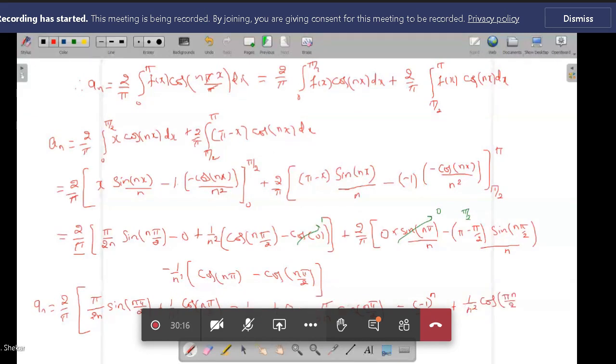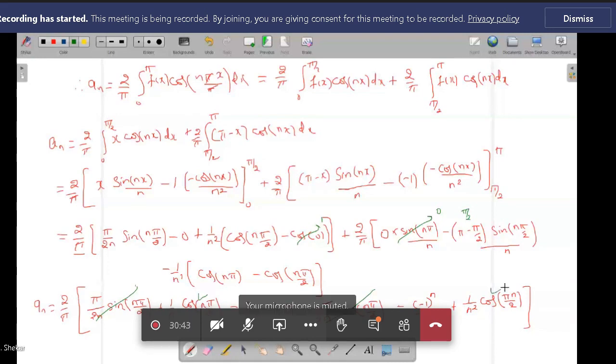Here there are some like terms with opposite sign: pi by 2n sin n pi by 2 and minus pi by 2n sin n pi by 2 cancel. Next we have the like terms cos n pi by 2, cos n pi by 2.